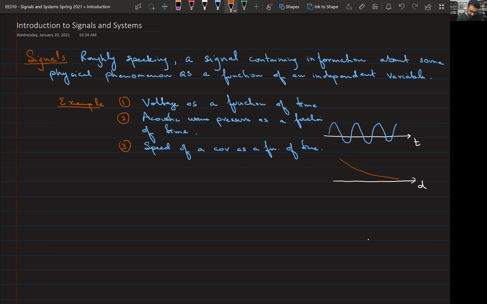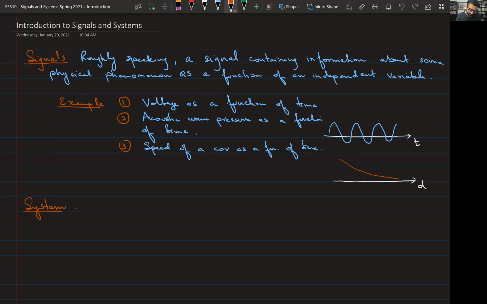What about a system? Okay, so a system is nothing but a black box as far as we're concerned. It is a black box which takes as input a signal, does something to it, and responds to it, and outputs a signal as well.